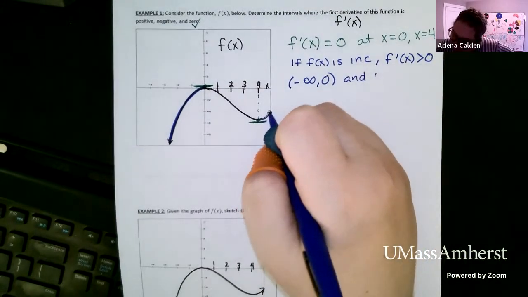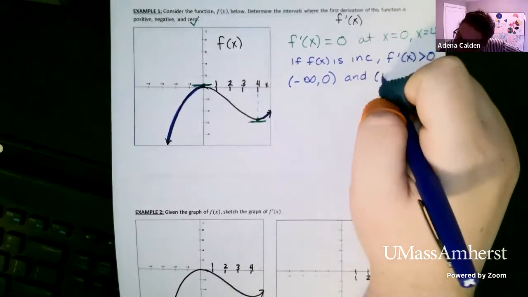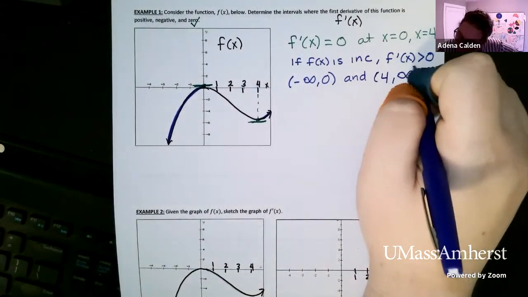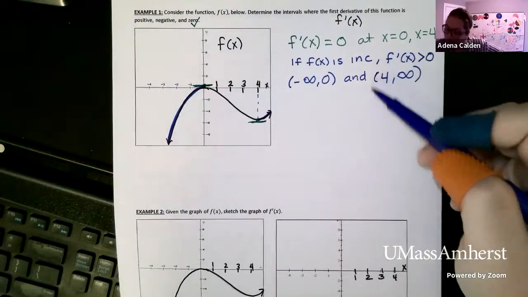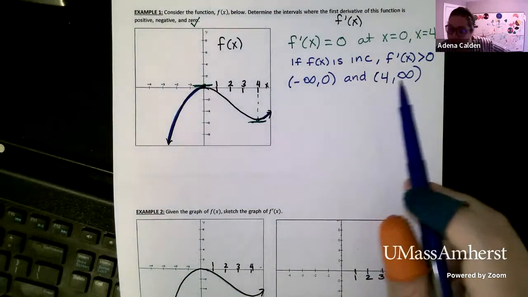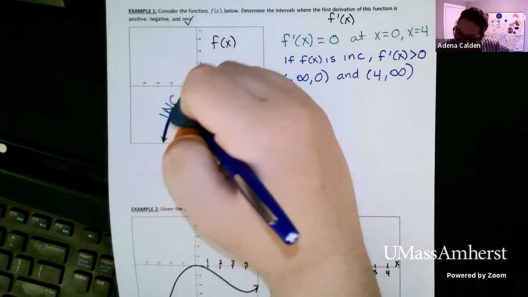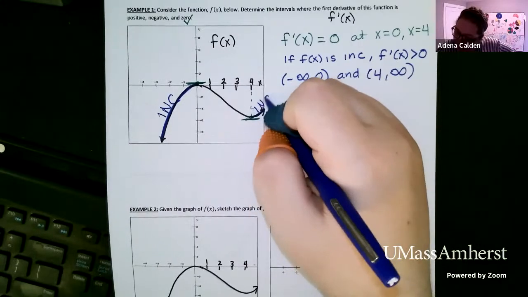So notice that after 4, it's also going back up. So from 4 to positive infinity. And again, I'm using open brackets at 4 because at 4, I'm constant. But anything slightly after 4, I'm increasing. Okay, so that's what I'm looking for here.